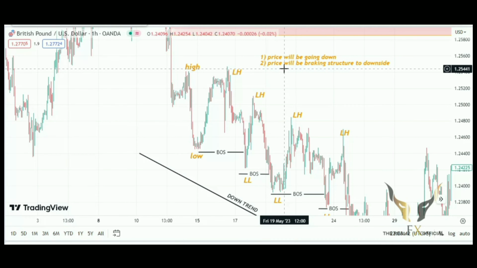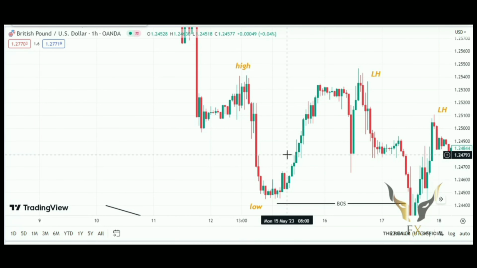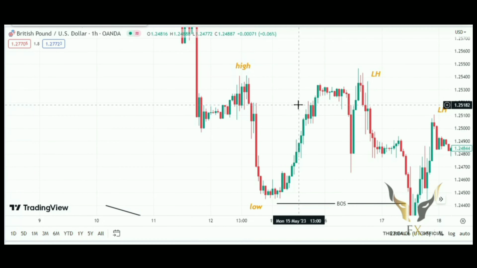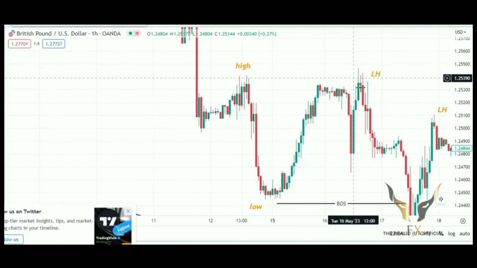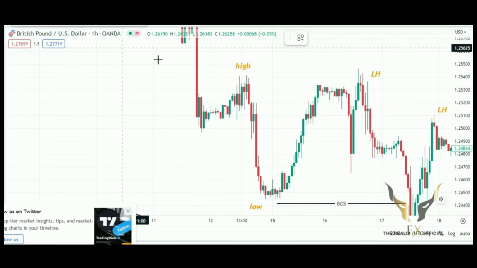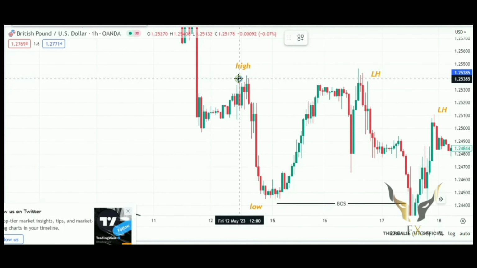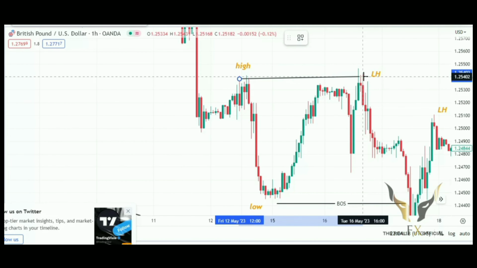Then for the correction, for the retracement or whatsoever, the price pulled back to the upside, creating a lower high, or in this case the price has just created equal highs, okay. We will discuss equal highs, also known as double top, etc., in the upcoming videos, so we are not discussing it right here.